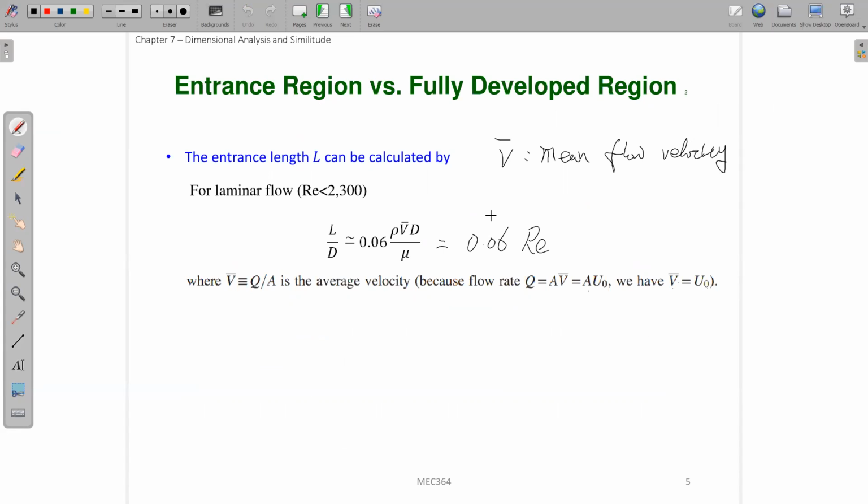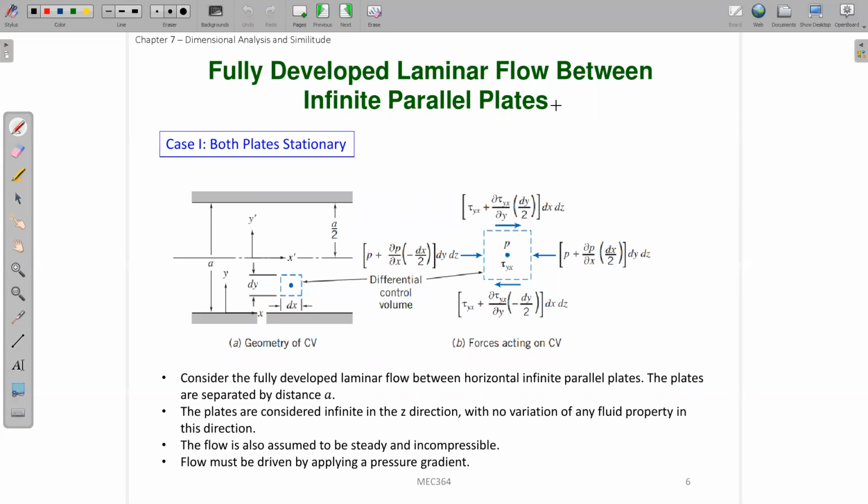No question? Okay, so for the internal viscous flow, we are focusing on two cases, two fundamental benchmark problems. The first one is the flow between two infinite parallel plates.